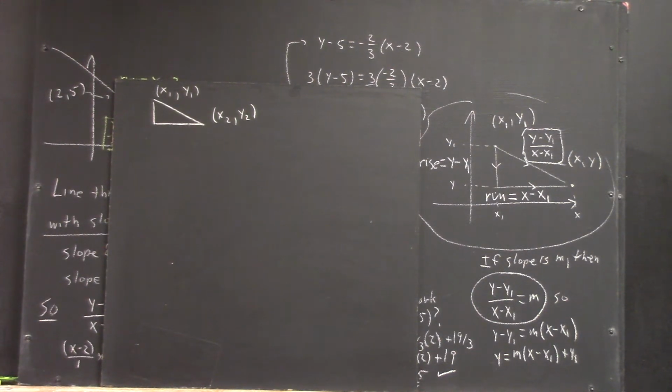Yeah, the rise and the run. Okay, that's good. Go ahead and label it. Show your arrows, label your rise and run. Write it out in detail.